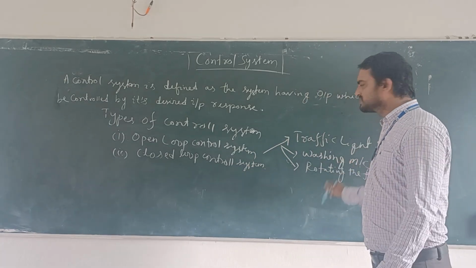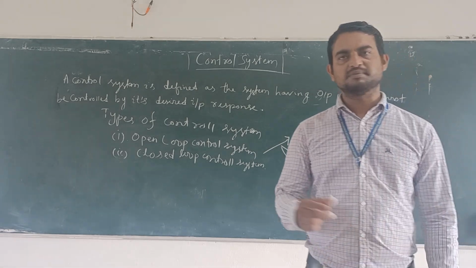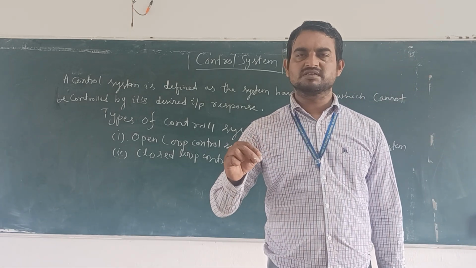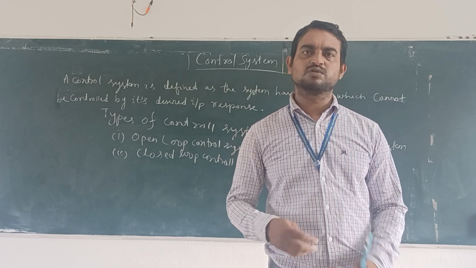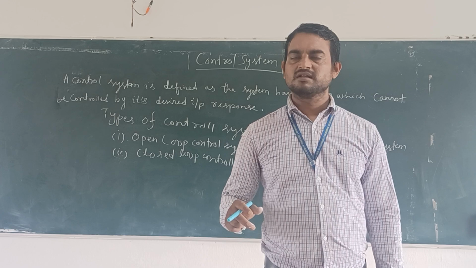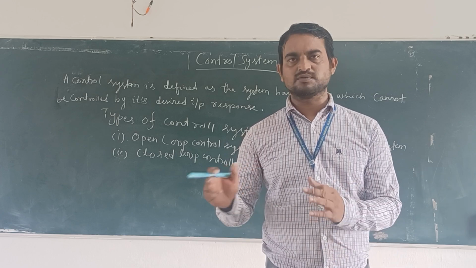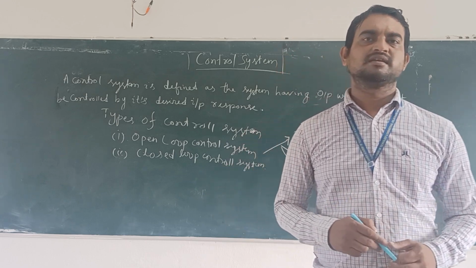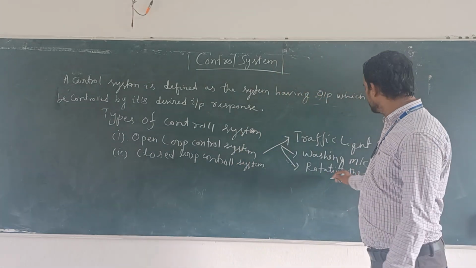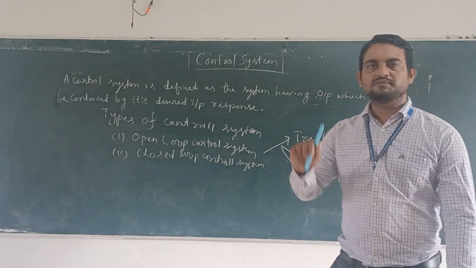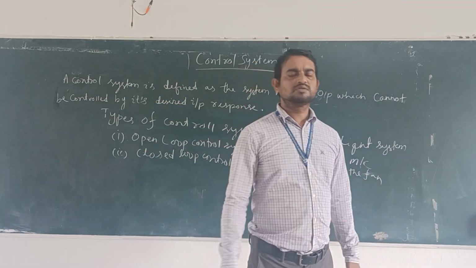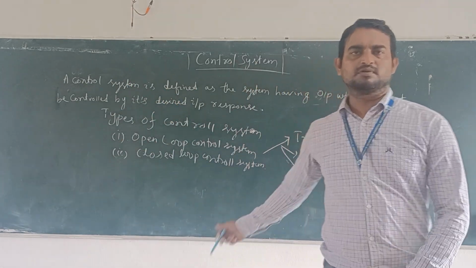In the case of the washing machine also, we have a time control system. How? If you fix the washing machine for 15 minutes, then the clothes are washed for 15 minutes only. It can't see the cleanliness or fineness of the cloth. It only has the time. Now, rotating the fan. We rotate the fan inside our room, classroom or home. That is also an open loop control system.